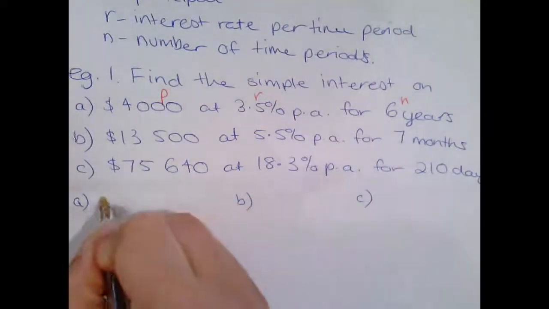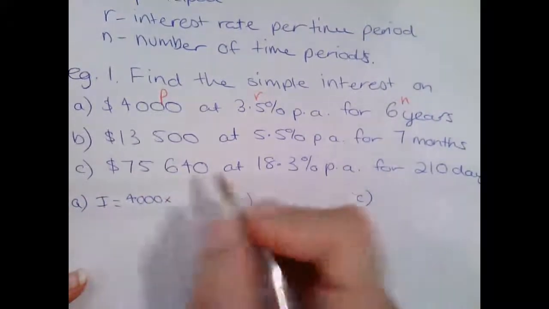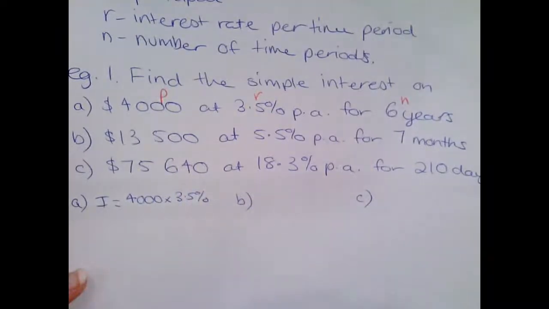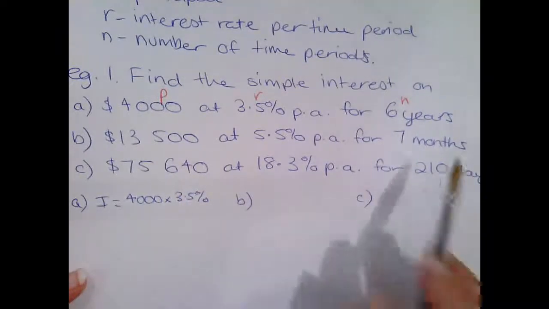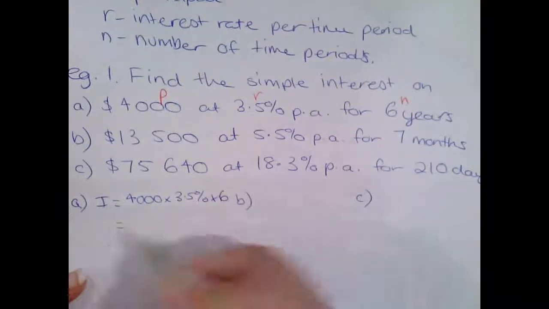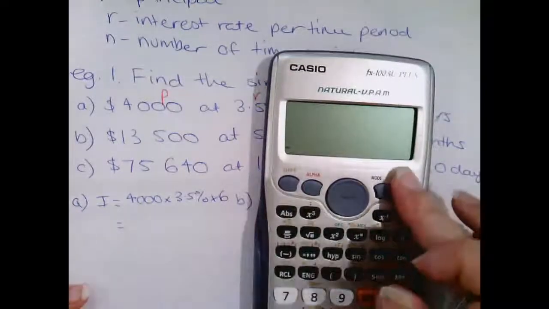So the simple interest, I, would be 4,000 times by 3.5%. You can just use the percentage button on the calculator if you've got that on yours, and then times by 6. Okay, I'll do this for the first one and then I'll just pause the video for the rest.